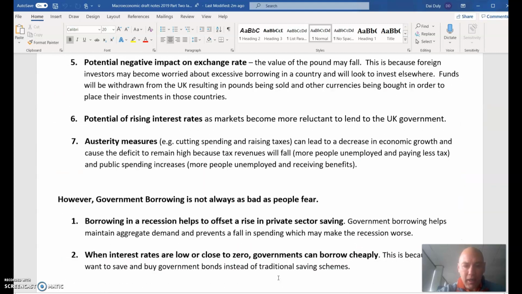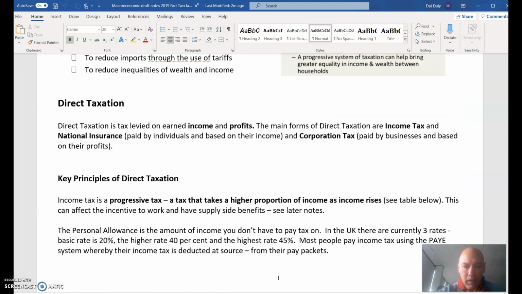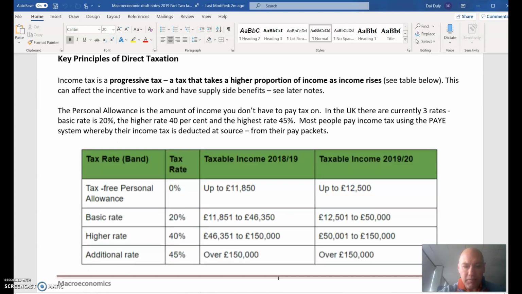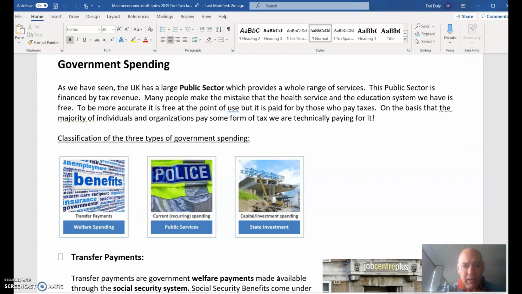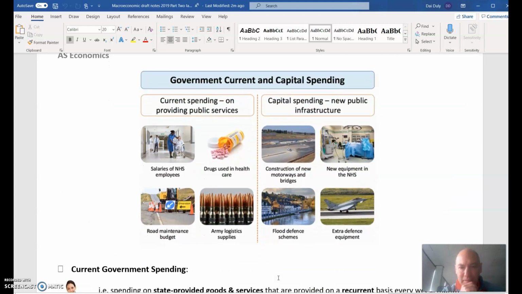Now just a couple of quick things before we push on. We looked in quite a lot of detail in terms of both taxation, and we also looked at government spending, and we saw that current spending would affect just aggregate demand, whereas capital spending would affect both aggregate demand and aggregate supply.